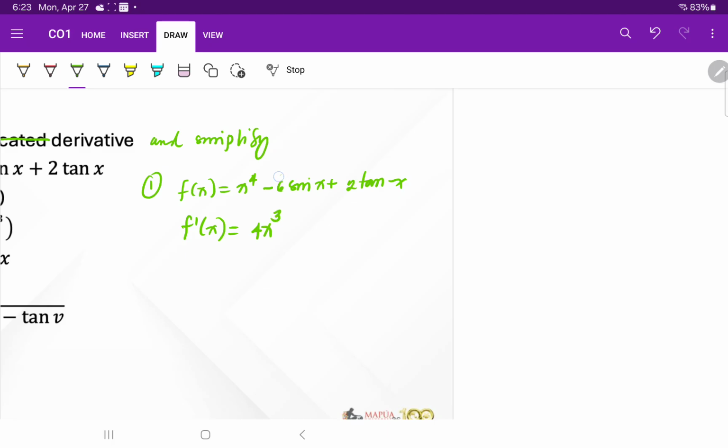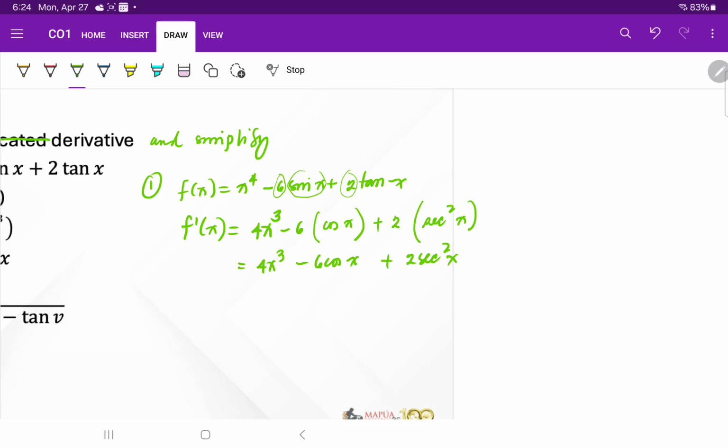Minus, now here you have a constant times this one, so we simply copy the constant, negative 6, and the derivative of sine is cosine of x times 1. Plus the constant 2 times the derivative of tangent, which is secant square x times 1. Then we simplify: 4x cubed minus 6 cosine x plus 2 secant square x.